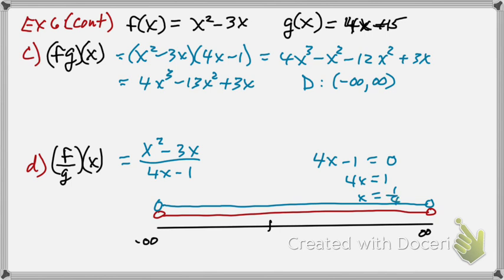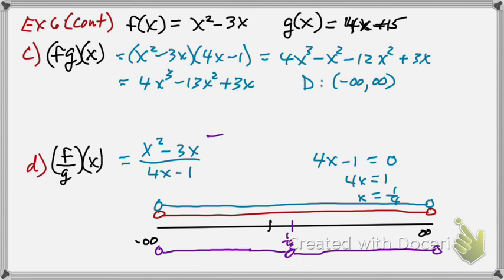So in purple here, it's positive 1/4. So here's 1/4. Got to leave that one out, and then it goes out to here. So the purple down there at the bottom is the diagram, if you will, of the domain of this result.